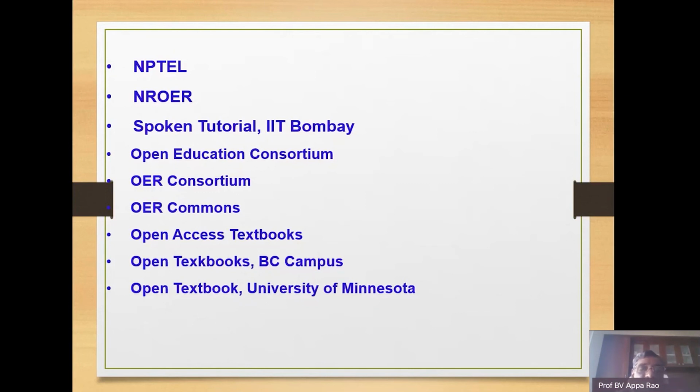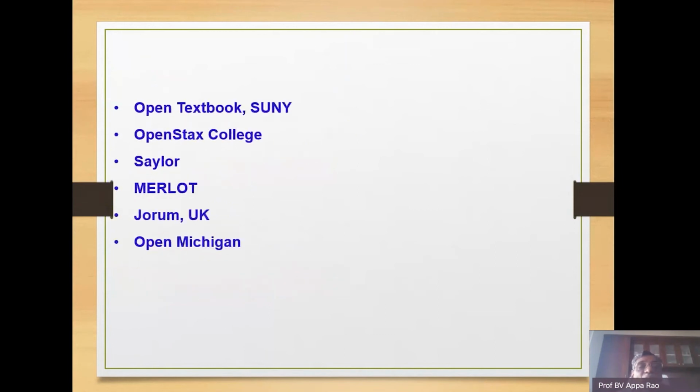Open Textbooks, I think British Columbia campus. Open Textbook, University of Minnesota. Whatever textbooks are authored by the faculty of those universities, they put in this Open Textbook, University of Minnesota. You can go to that.